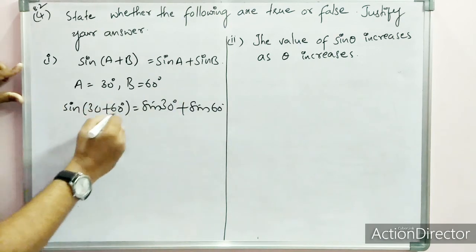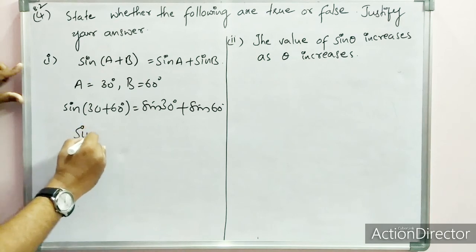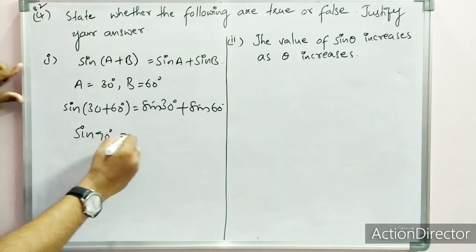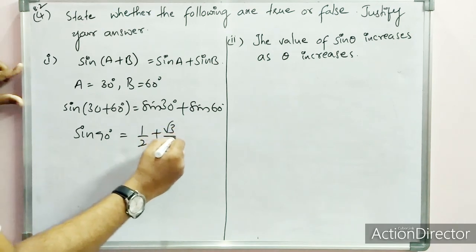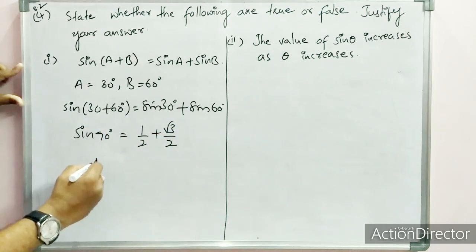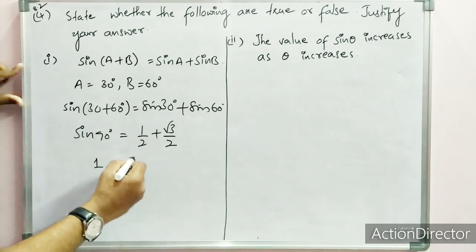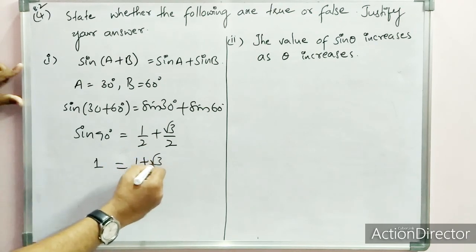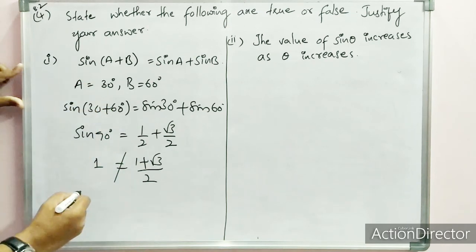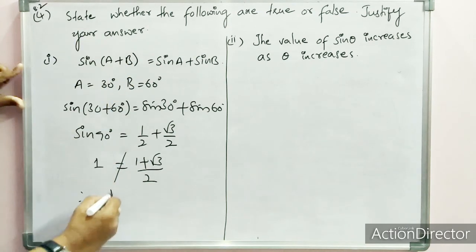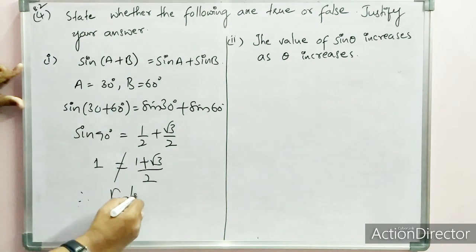Now sin(30+60) is sin 90, and on the right, sin 30 is 1 by 2 plus sin 60 is root 3 by 2. Now sin 90 is 1 and this is 1/2 plus root 3 by 2. So this is not equal, so it is false. Therefore the given equation is a false equation.